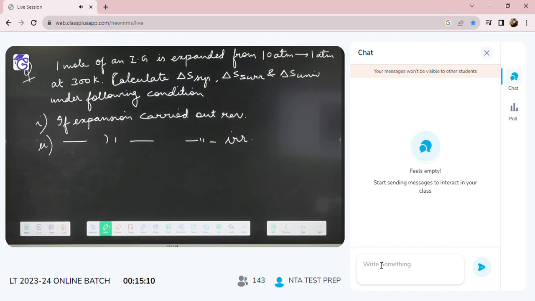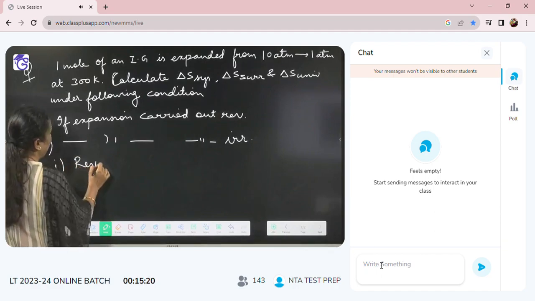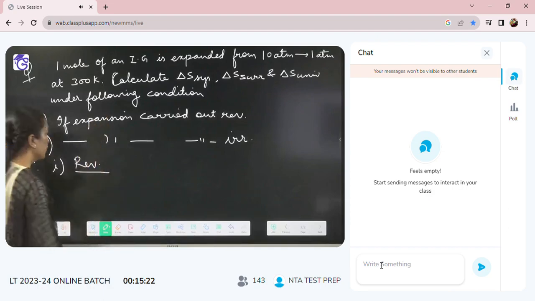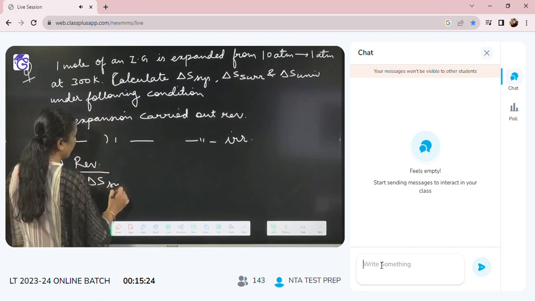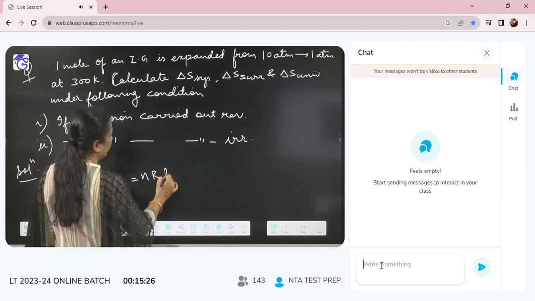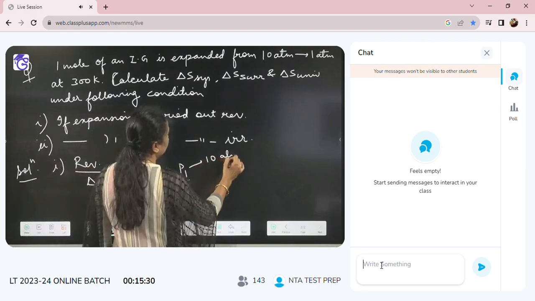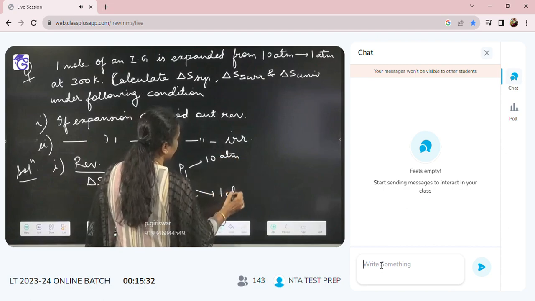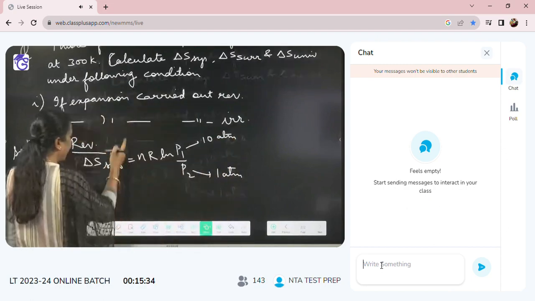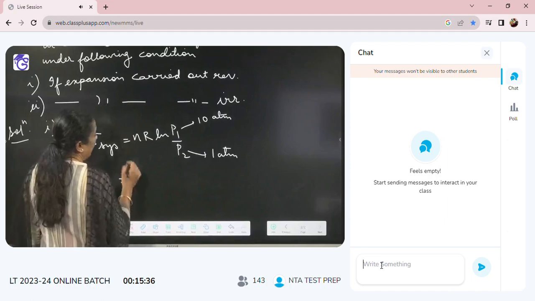Correct. So the first part here is for reversible. And this time I've given you pressure values. So delta S system is going to be nR ln P1 by P2. And your P1 is 10 atmosphere and P2 is 1 atmosphere. And I've given you 1 mole.